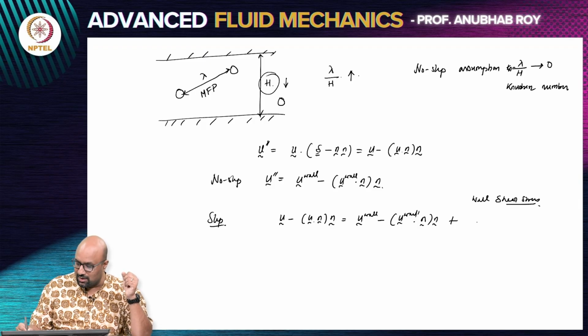To write this mathematically, we know that the component of the surface force is sigma dot n. That's the component of the surface force on any surface. Now we are interested in the component of surface force that lies on the surface. The shear force is a force that lies on the surface.